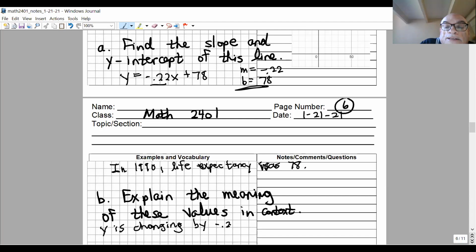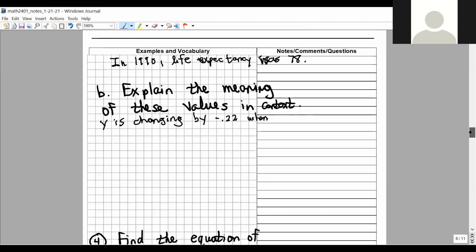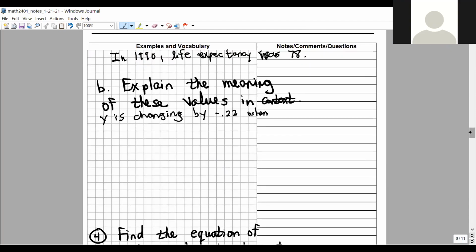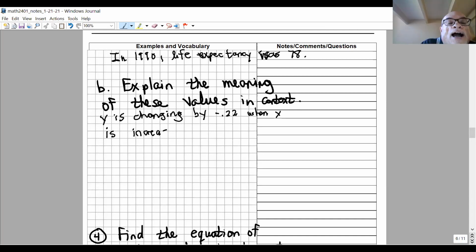Yeah, so minus 0.22 when what's happening here? The year changes by 1. You're even ahead of me here, I'm taking it very slowly. I'm going to just call it x for a moment here: when x increases by 1. That's the basic interpretation of slope.